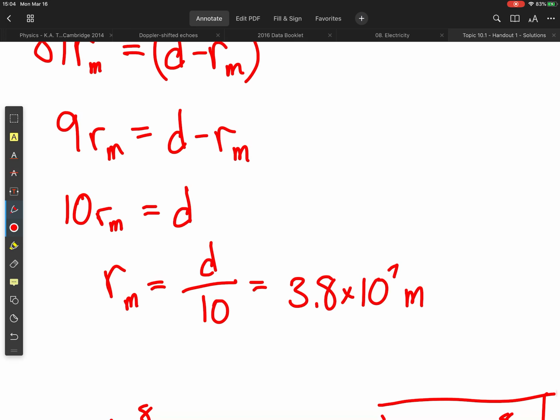Now, to calculate then the distance from the Earth to point P, we need to subtract that value from the entire distance between the two bodies, and that will give us the distance from the Earth to point P as 3.4 times 10 to the 8th meters. Okay? Yes. All right. I split this up because this part took quite a lot of space.